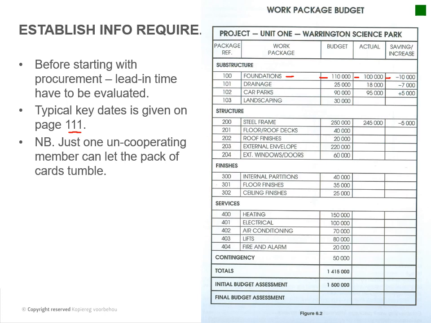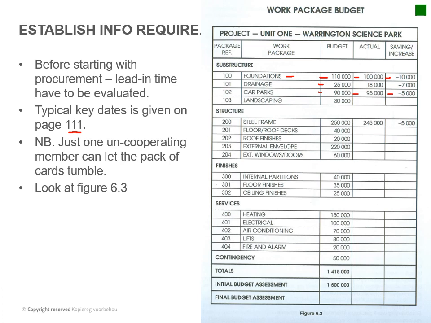Same with your drainage, car parks. Here they actually measured it a little bit more, and you get to a little bit extra spent here. So very important, everyone has to play open cards whenever they do work on projects like this. So it's a very key factor.